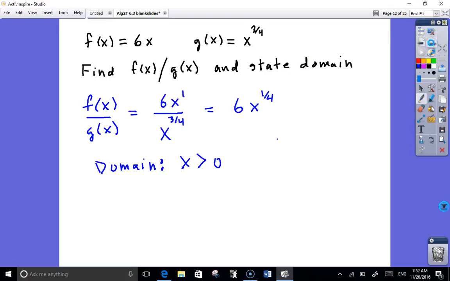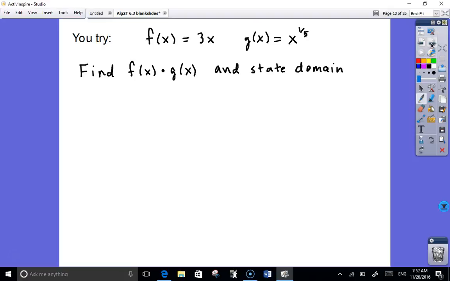Okay. So here's your u-try. There's the two functions, and try to multiply only and state the domain.